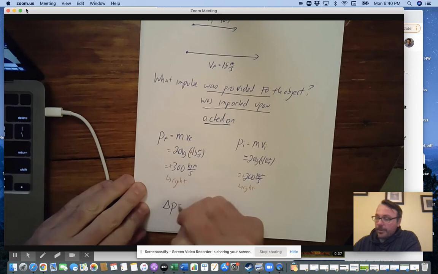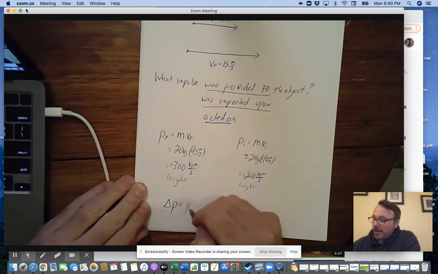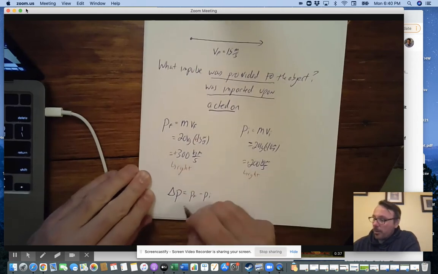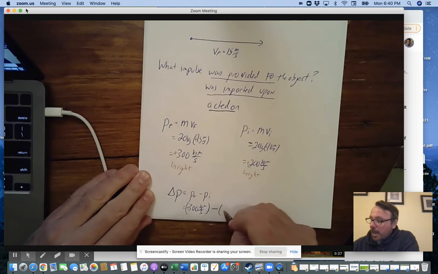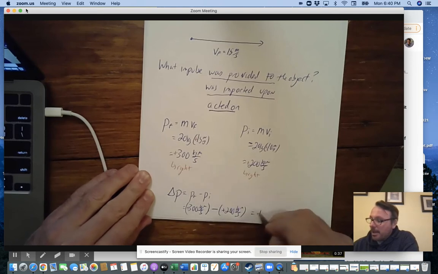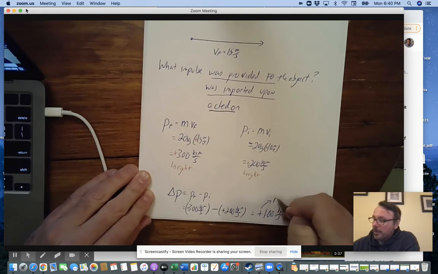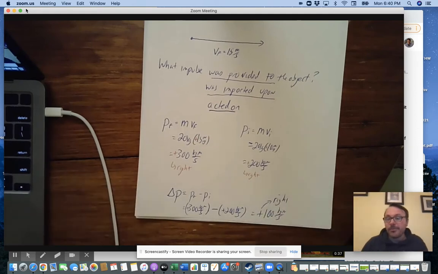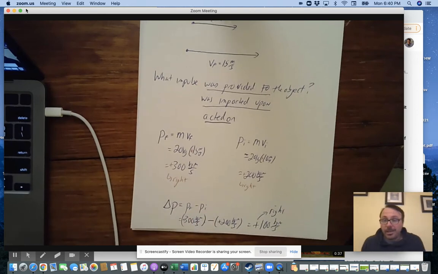Well, my impulse here is equal to P final minus P initial, or a positive 300 kilogram meter per second, minus a positive 200 kilogram meter per second, and that gives me a positive 100 kilogram meter per second, where that positive here means right. So the impulse here was 100 kilogram meter per second to the right.